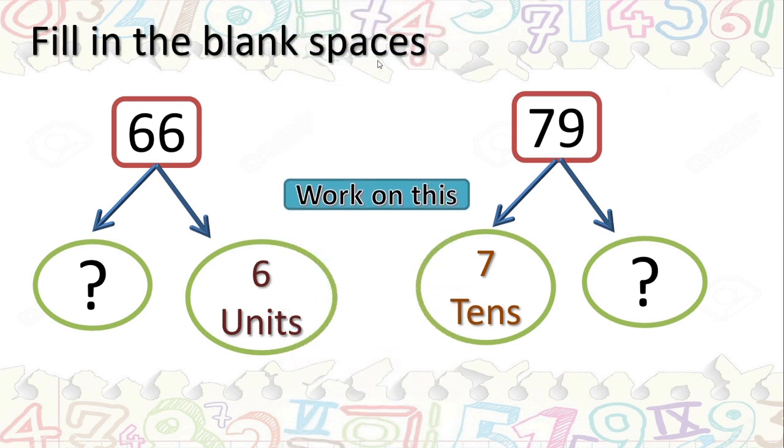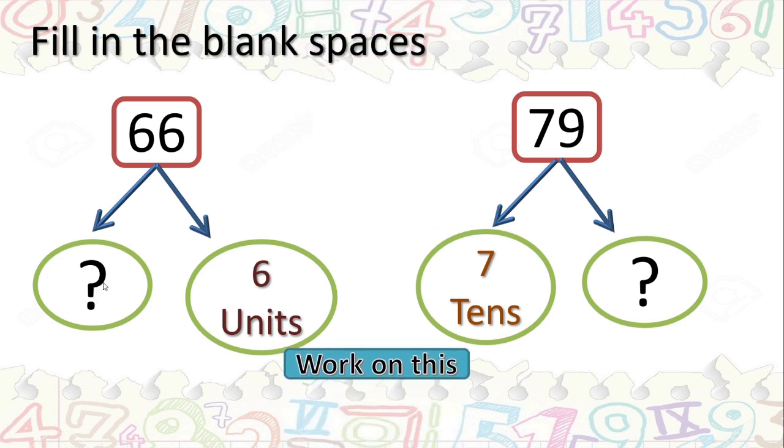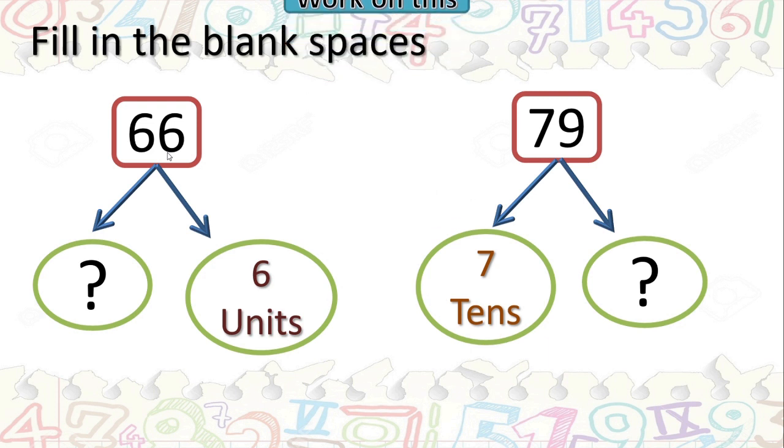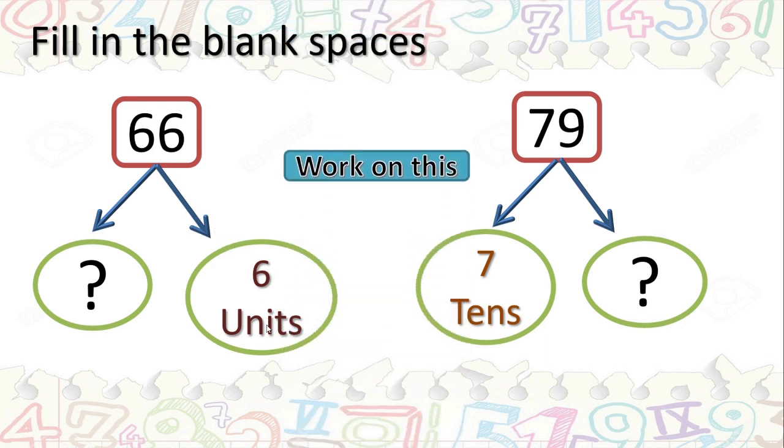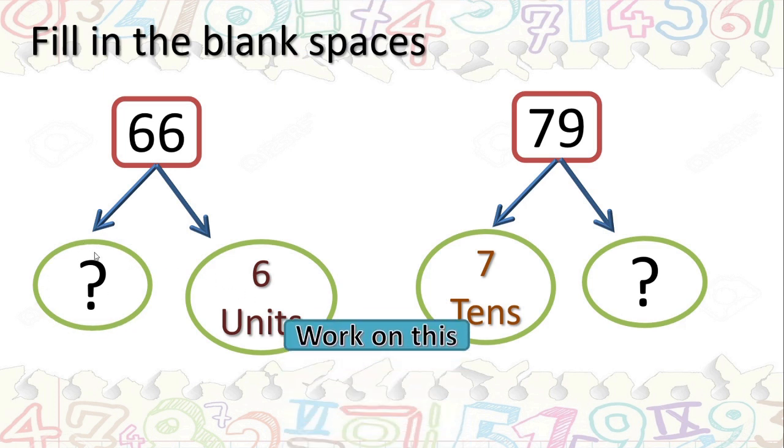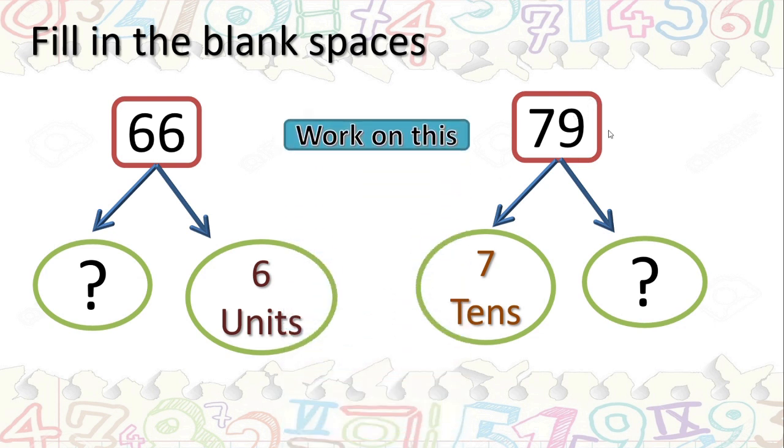Question marks are there that you have to fill. The number 66 is given and here it is given 6 units. Yes, dear children, what will you write in this question mark place? That you have to decide. Okay, I am sure that you know the answer.